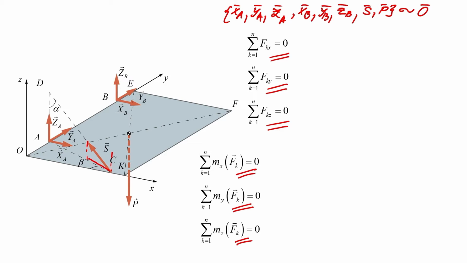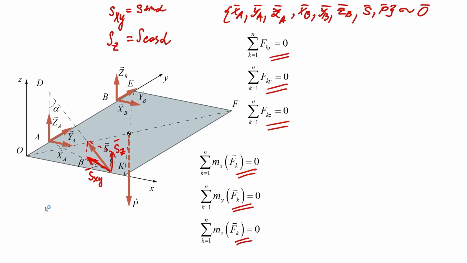The projection onto the plane xy as S_xy, with the projection being equal to S multiplied by sine alpha, and the second component as S_z, which is the projection onto the axis z being equal to S_z equals S multiplied by cosine alpha.